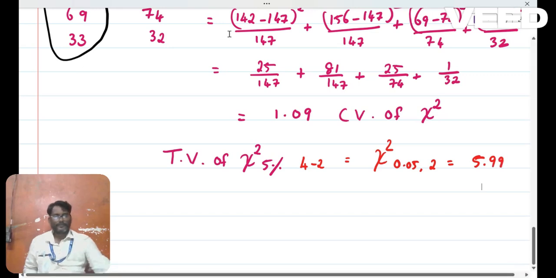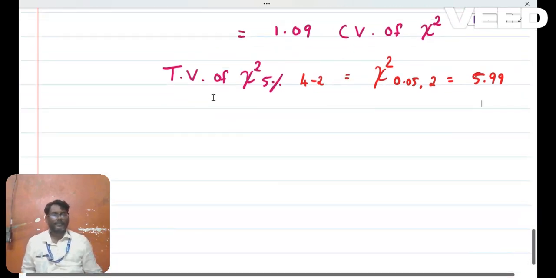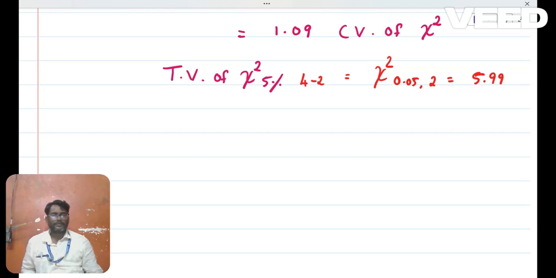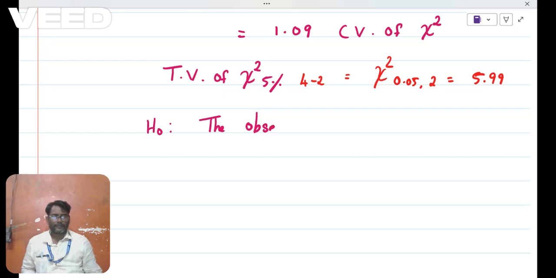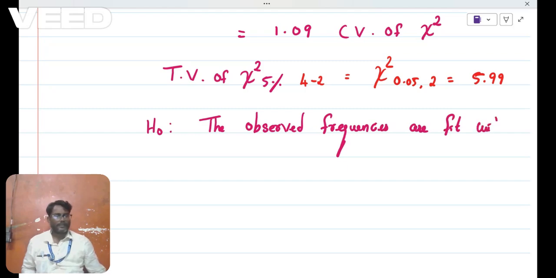Now we will set the hypothesis. H naught: the observed frequencies are fit with the Poisson distribution.